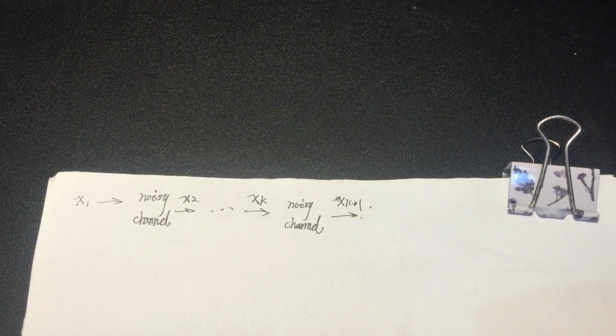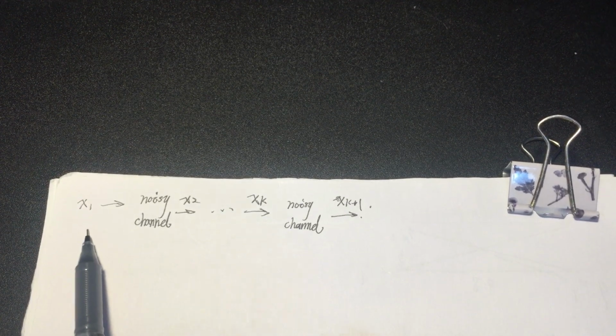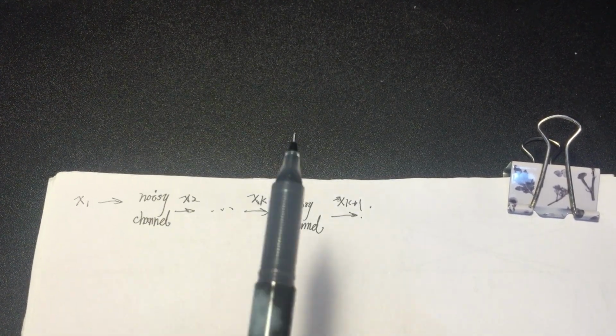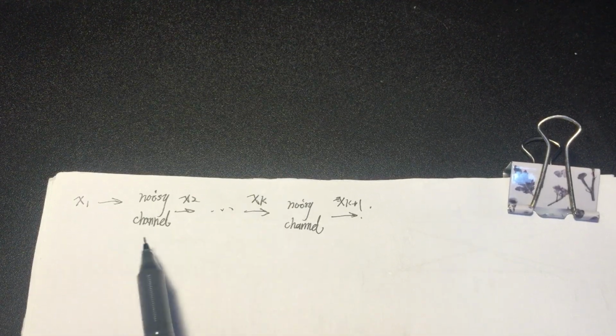Today's question is about a signal transmission system. It is somehow like a follow-up of last week's signals system. So we still have X1 and X2 as a transmitter and a receiver, and between them we have a noise channel.